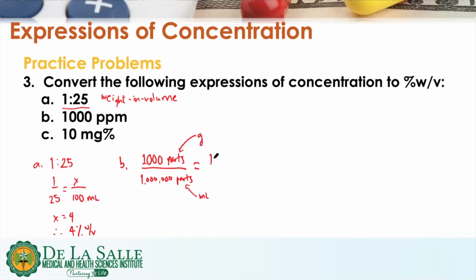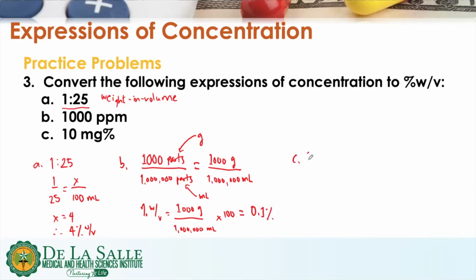So we have 1,000 grams of the solute per 1 million milliliters. Next, we can use the formula for the percentage weight per volume, and that is 1,000 grams divided by 1 million milliliters times 100%, and our answer will be equal to 0.1%.